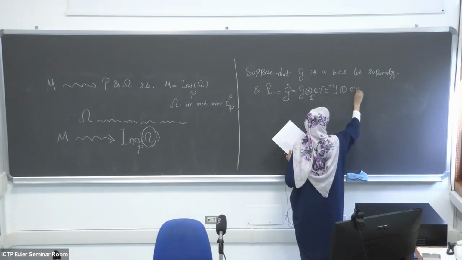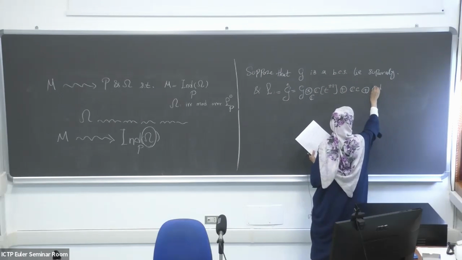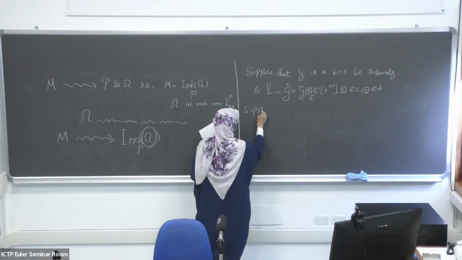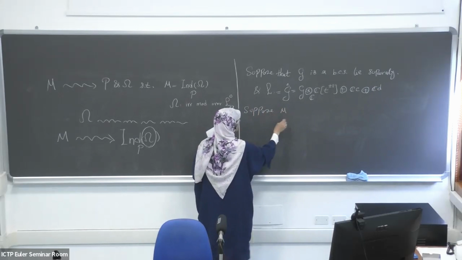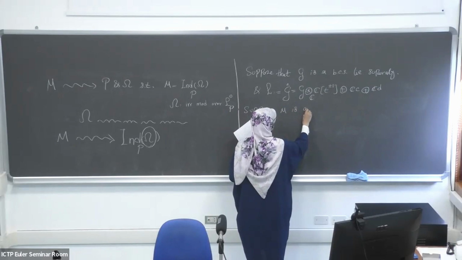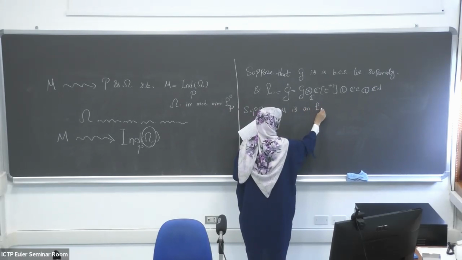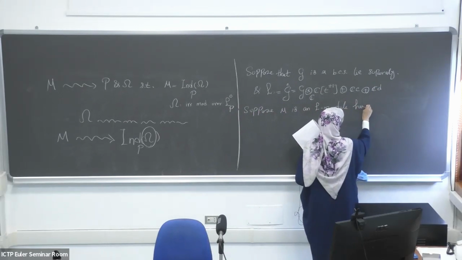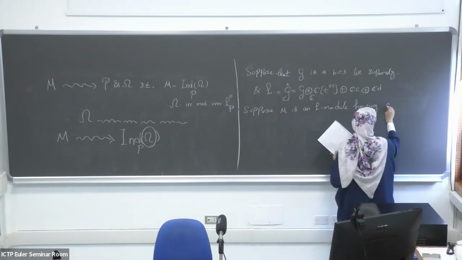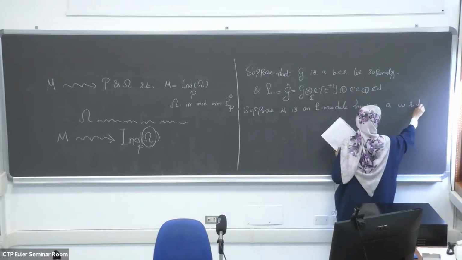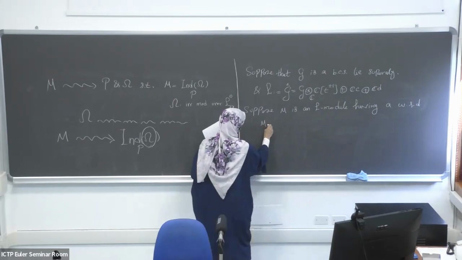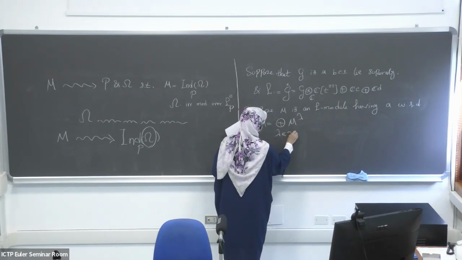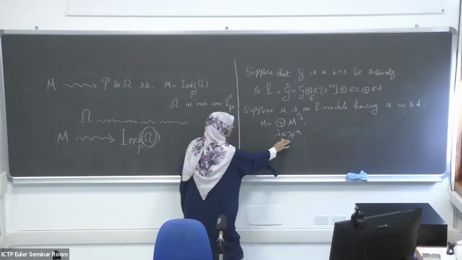There is some C. Suppose M is an L module having a vector space decomposition with respect to H.